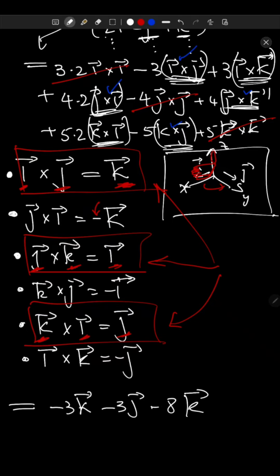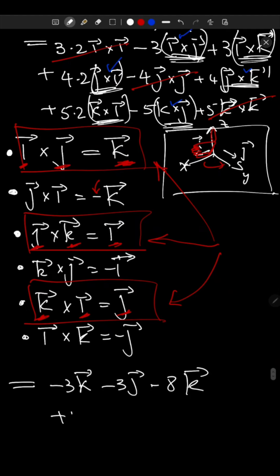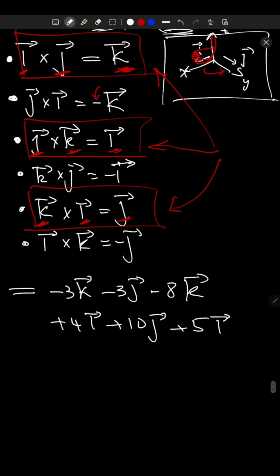And then for the next three, we have j cross k is i, so plus 4i, plus 10j, and then plus 5i. Just using these 6, or basically only using those 3. Maybe I should actually combine them just to complete it. 5 and 4 is 9i.